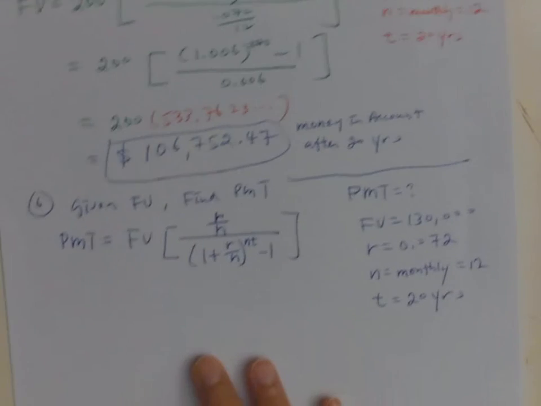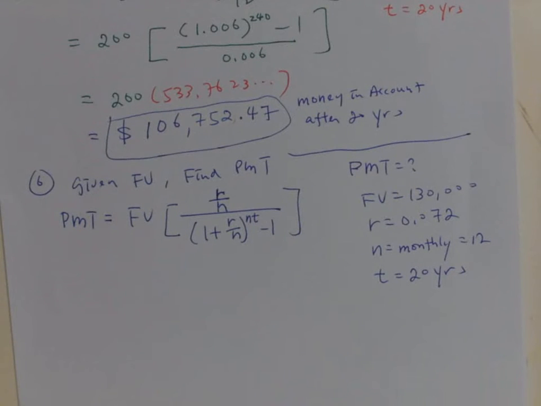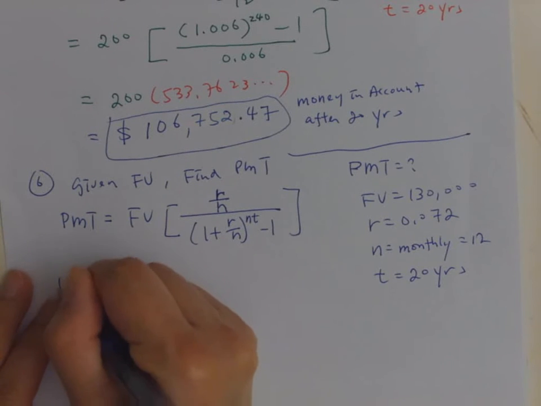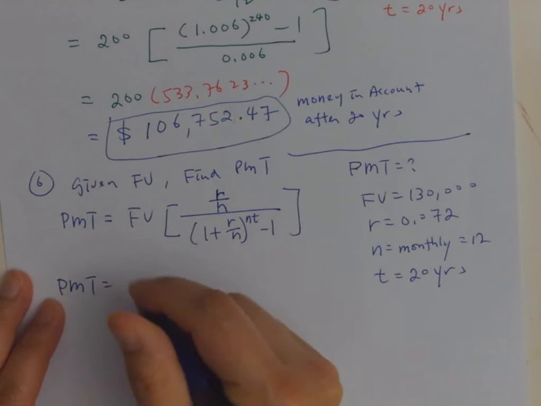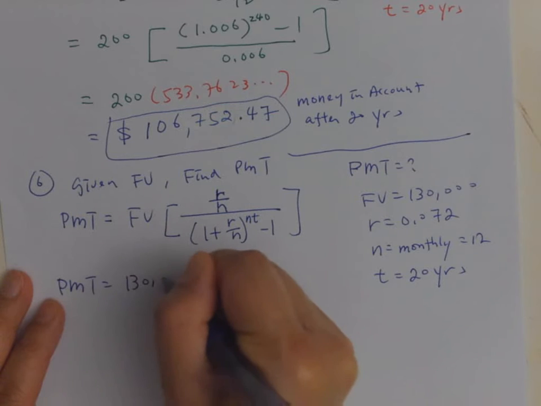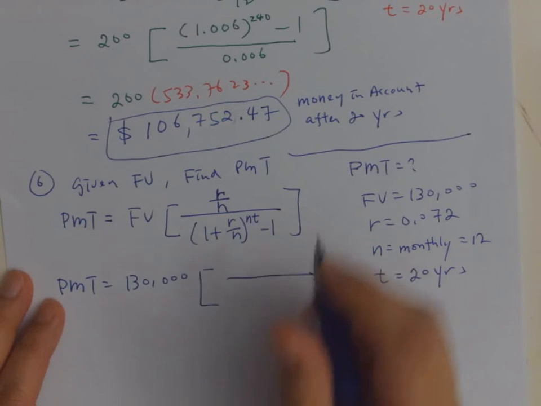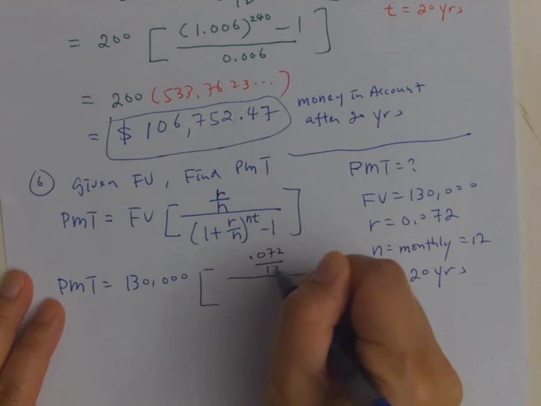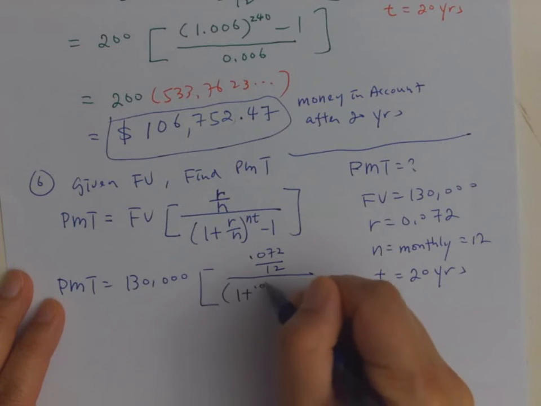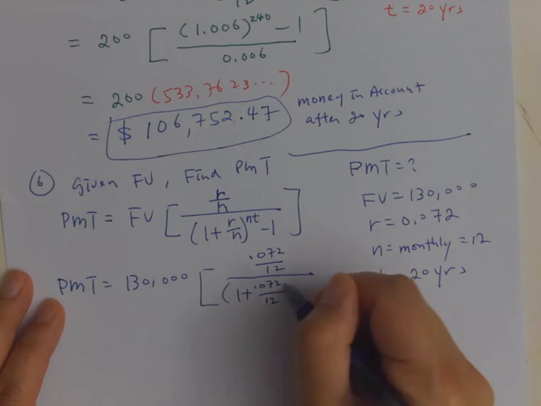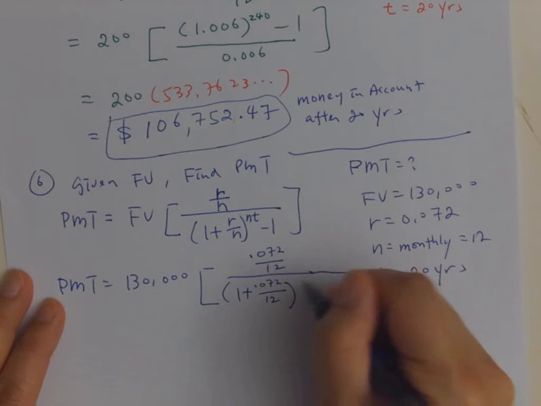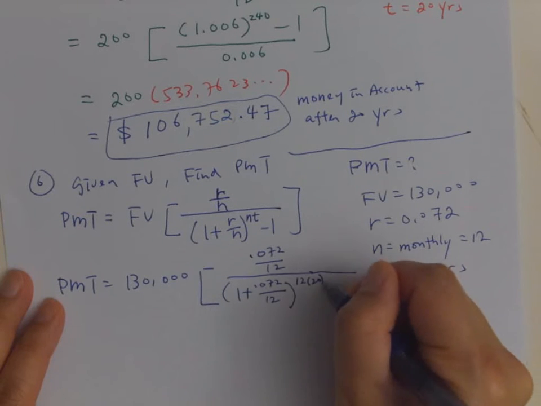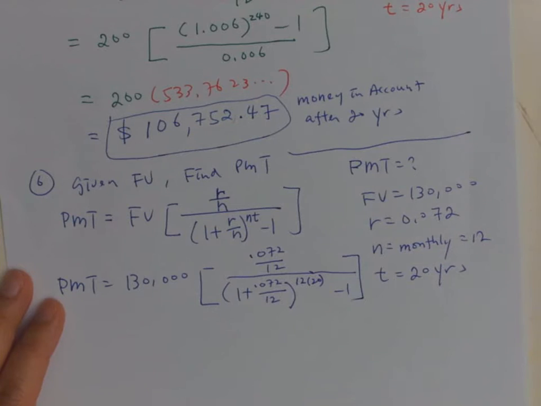When you're done, you can check with me. Hopefully you got it. Payment equals 130,000 times 0.072 divided by 12, over 1 plus 0.072 divided by 12 to the power of 12 times 20, subtracting 1.